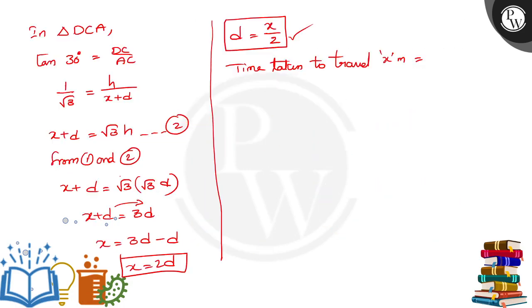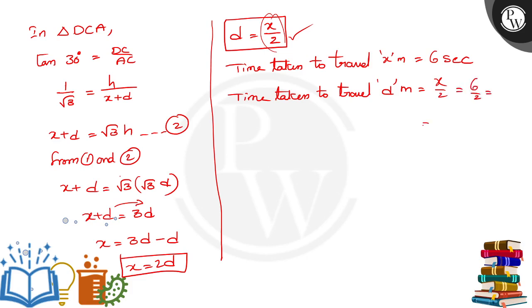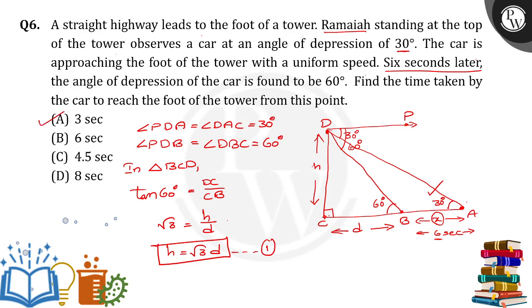Now the car is traveling at a uniform speed, right? So the time taken to travel D meters is x by 2, which is 6 by 2, so we get 3 seconds. The car takes 3 seconds to reach the foot of the tower from point B. So option A is the right answer.